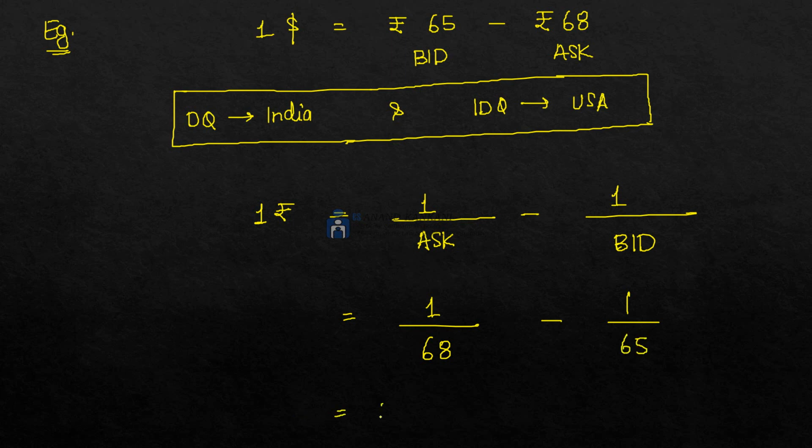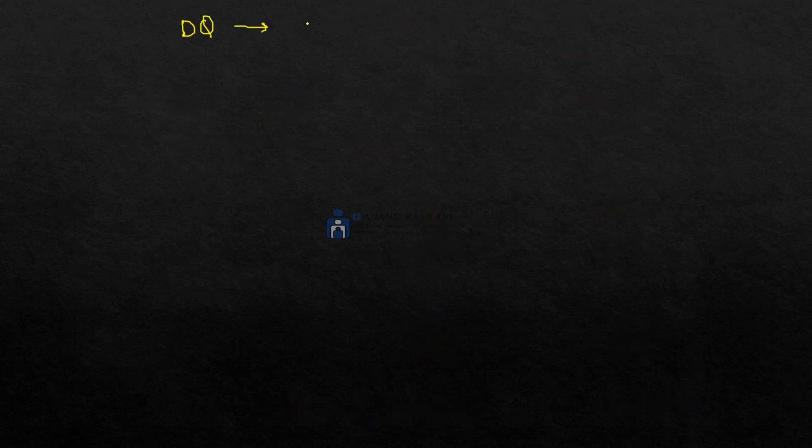This comes out to 0.014705, and when we calculate the other we get 0.015384. So direct quote for India was $1 is equal to rupees 65, and the ask price was 68.